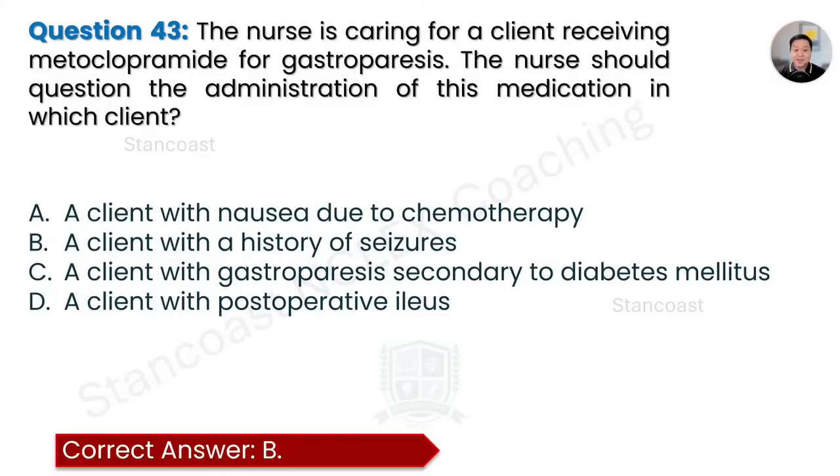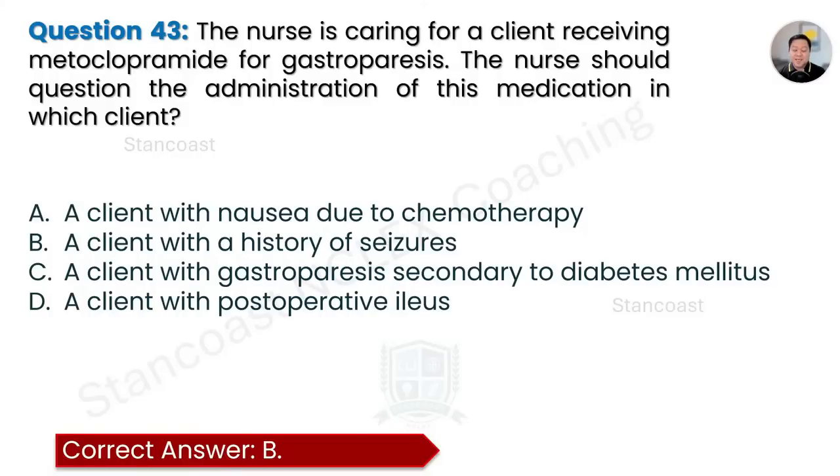And this is something that you should question in clients with a seizure history. Now, letter A is one of the incorrect options. Metoclopramide is commonly used to treat nausea, including that associated with chemotherapy. And letter C is another incorrect option.